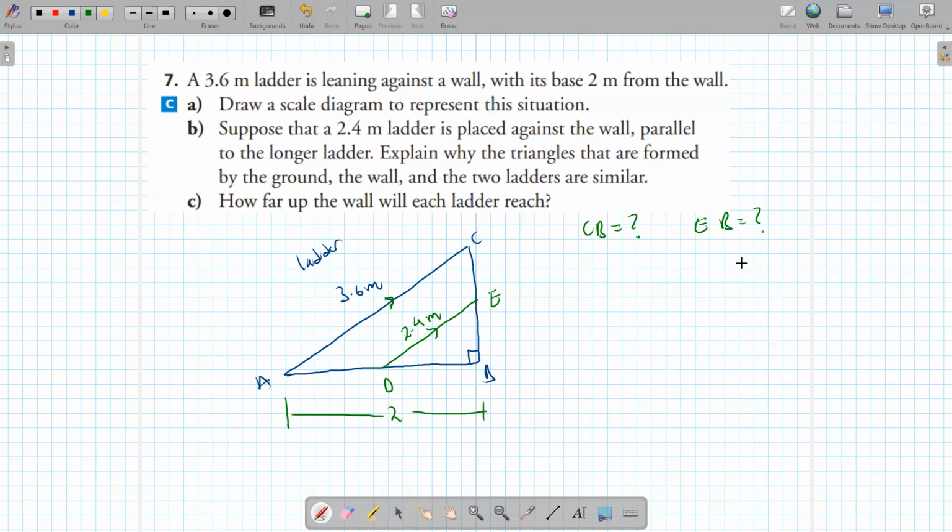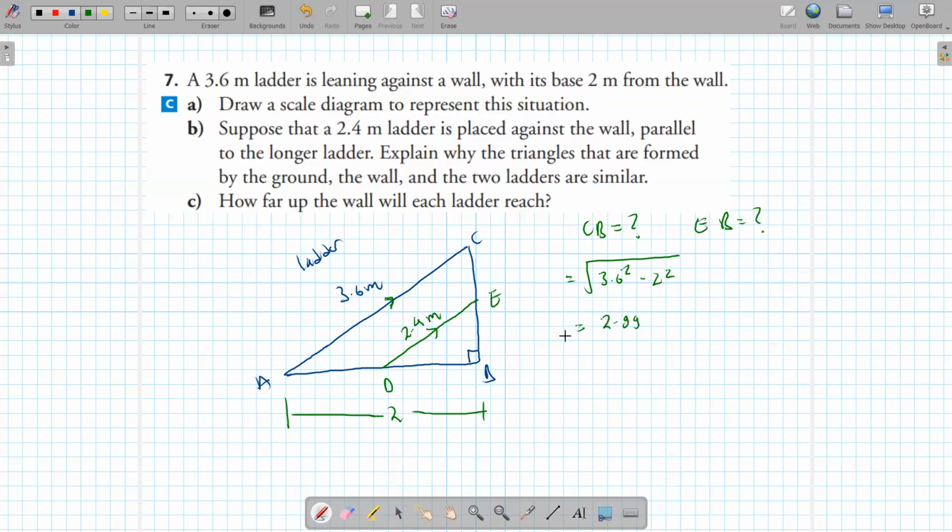Pythagoras theorem. Yep, Pythagoras theorem would help us with CB, right? So CB is just going to be 3.6 squared minus 2 squared. So square root of 3.6 squared minus 2 squared, that's going to be 2.99.